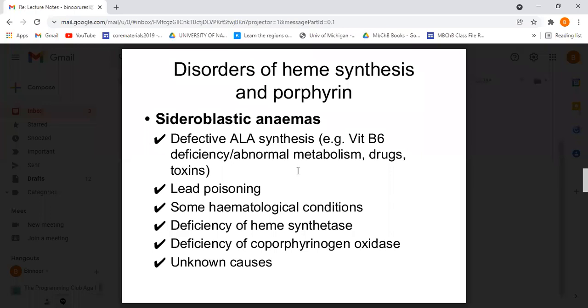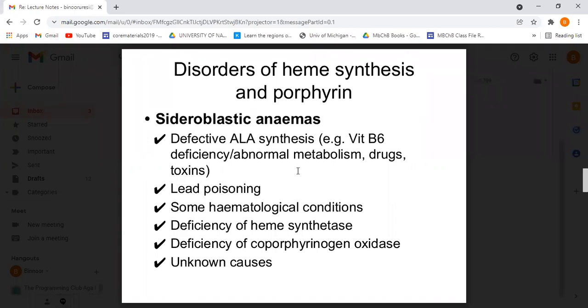In some hematological conditions like leukemias, you have a deficiency of heme synthetase, an enzyme that helps in the synthesis of hemoglobin, or a deficiency of coproporphyrinogen oxidase. These are basically enzymes responsible for the formation of the protoporphyrin.